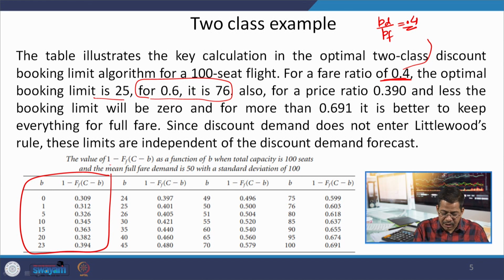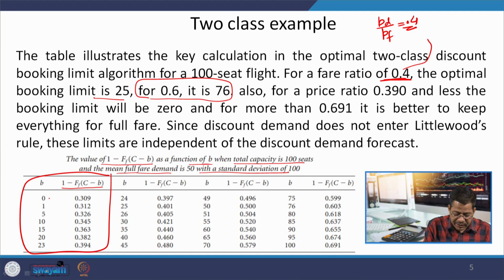Now, the value of this function 1 minus F(C minus B) as a function of B, when the total capacity is 100 seats and the mean full demand is 50 with a standard deviation of 100. If B is 0, the value of this function 1 minus F(C minus B) will be 0.309.